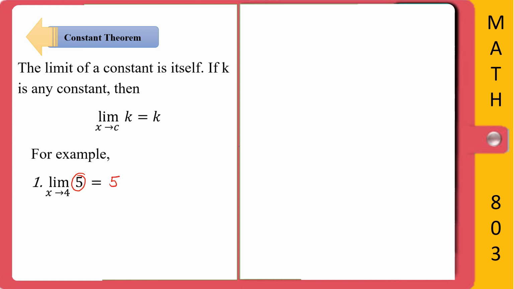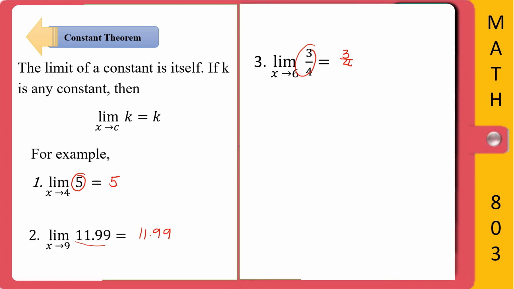Another example, we have the limit of 11.99 as x approaches 9. Since our k is 11.99, the answer will be 11.99. Another example, the limit of 3/4 as x approaches 6. The value of k is 3/4, so the answer will be 3/4.